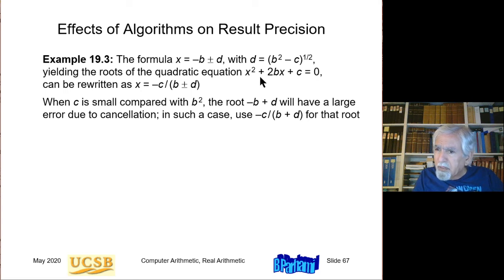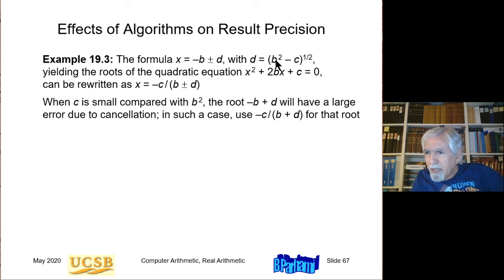We try to find the roots of the quadratic equation x squared plus 2bx plus c equal to 0. And we know from calculus that the result is minus b plus or minus d, where d is the square root of b squared minus c. So this is the formula that we know and routinely use to find the roots of a quadratic equation of this form.